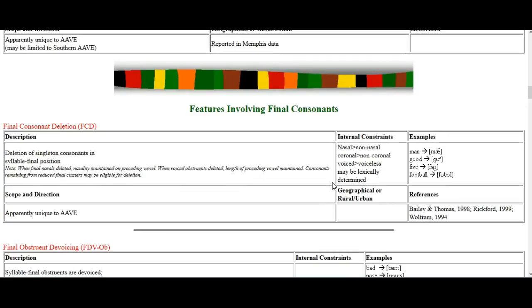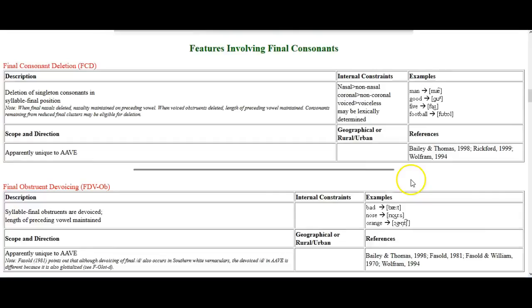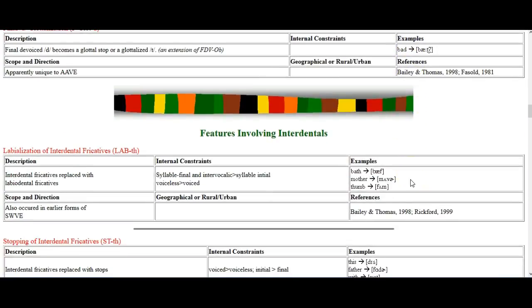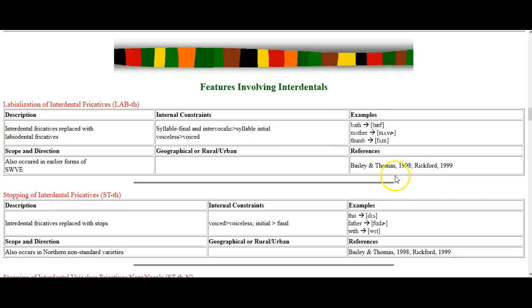There's also features involving final consonants. For example, final consonants are sometimes dropped. So man becomes ma, good becomes gu, five becomes fi. You have features involving interdentals like bath, mother.